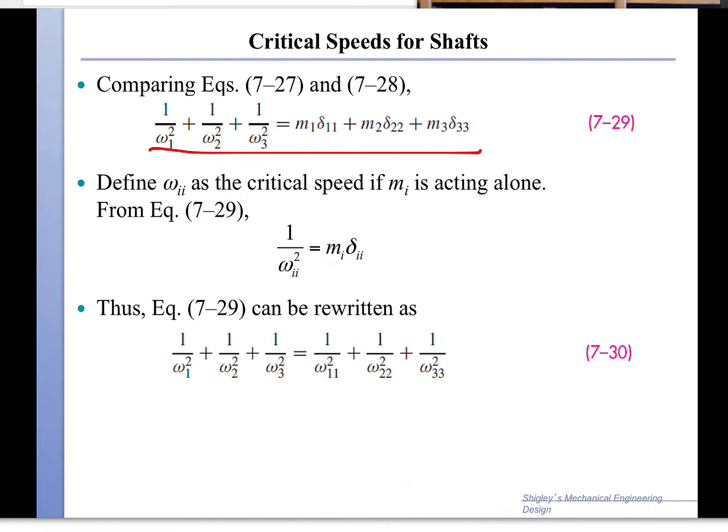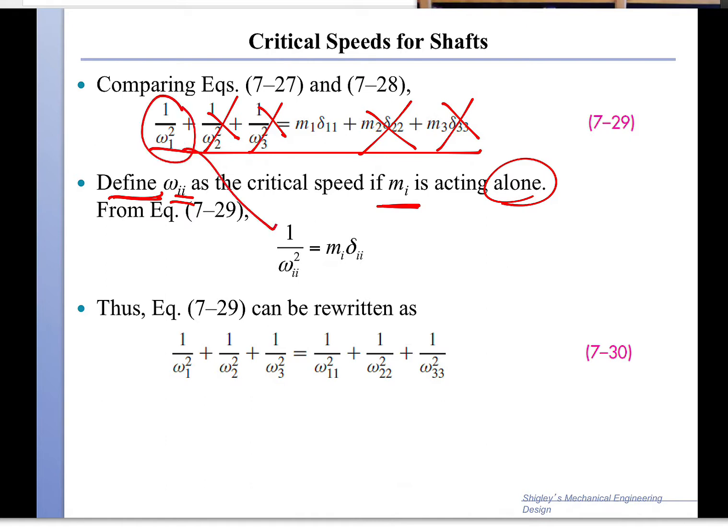In order for us to proceed, we're going to define omega ii as the critical speed if mi is acting alone, so there's no other 2 and 3. In other words, if you cancel 2 and 3, then 1 over omega 1 becomes, by definition, 1 over omega ii squared, and this will be equal to mi delta ii.